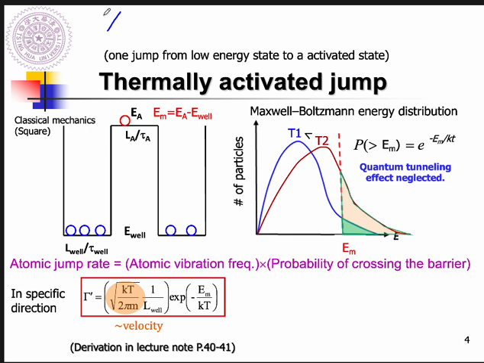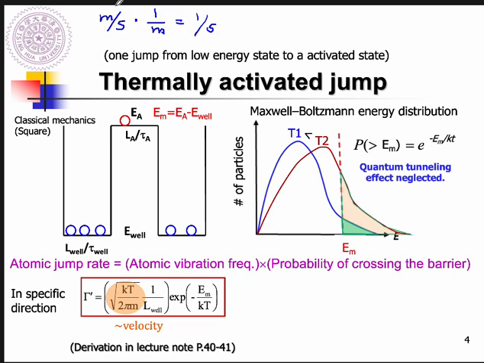The unit of velocity is distance divided by seconds. If you multiply the velocity by the reciprocal of the distance, then you will get the vibration frequency, because the unit for vibration frequency is 1 divided by seconds. And this is the velocity divided by the distance.